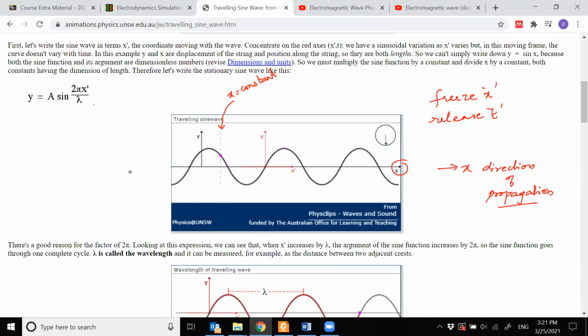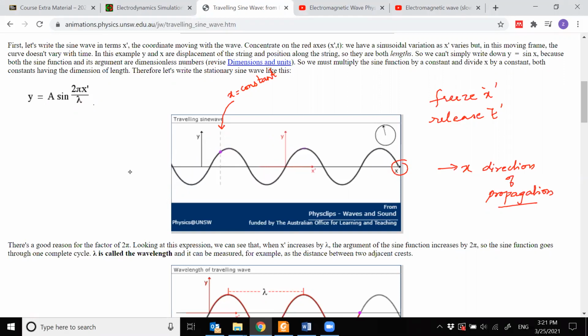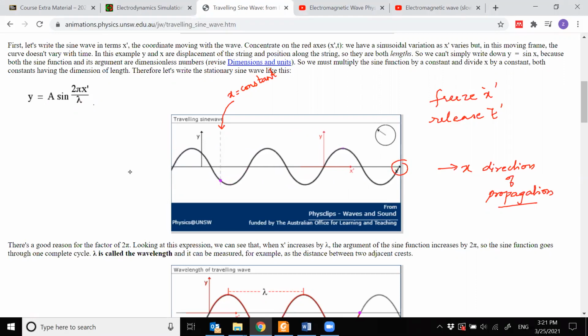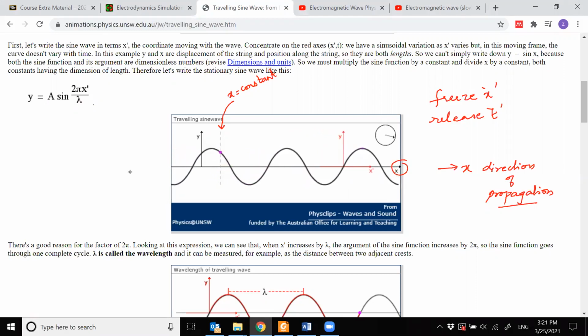Now I'm releasing the time. So it is oscillating. And what kind of oscillation is this purple point doing? The oscillation is nothing but your sinusoidal oscillation in time. And you can think of this as your omega, the angular frequency, the rotation of this arrow.